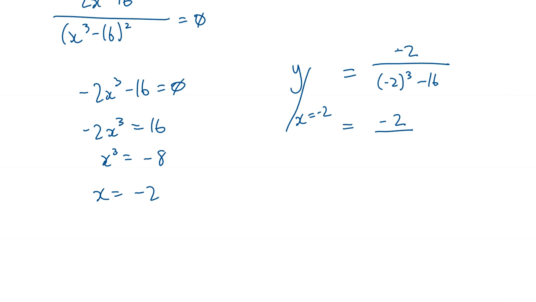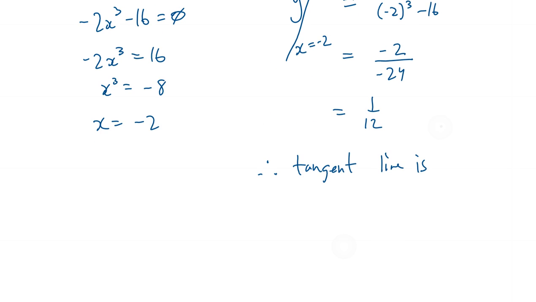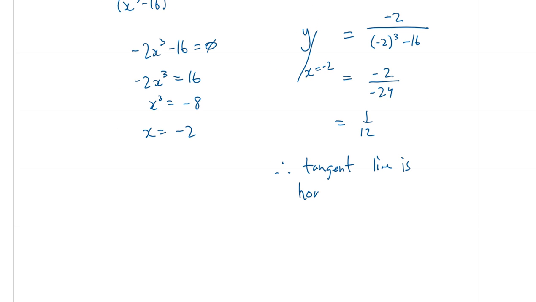Negative 2 cubed is 8, minus 16 is negative 24, so 1 over 12. Tangent line is horizontal at negative 2, 1/12. Any questions? We're going to do one more.